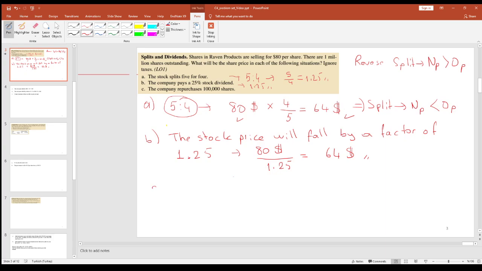So see, the company repurchases 100,000 shares. In that case, will the price remain the same? This is the question.